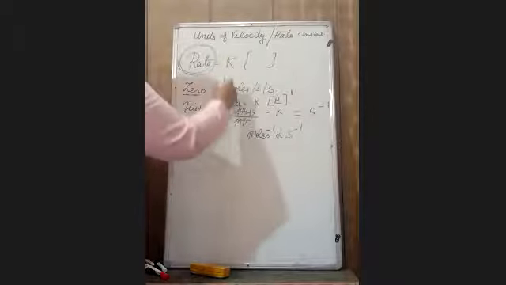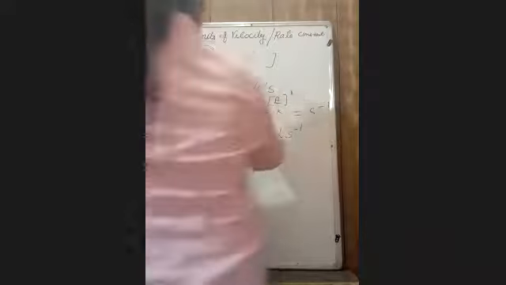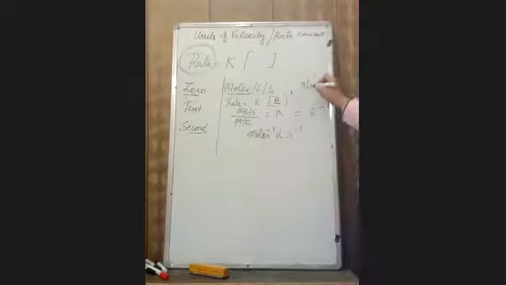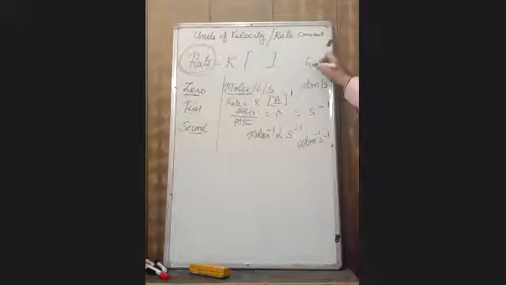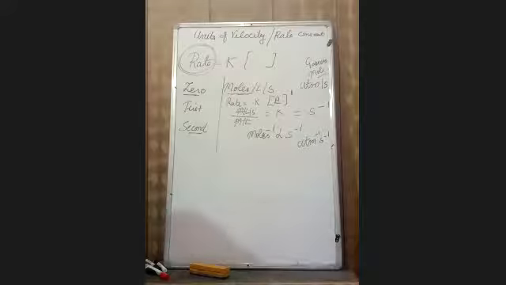If it is in terms of partial pressure, then it will be atmosphere per second. For first order, it is per second. And for second order, it will be per atmosphere per second in case of gaseous molecules. These are the simple units of rate of reaction.